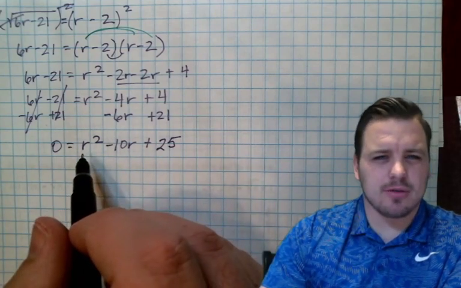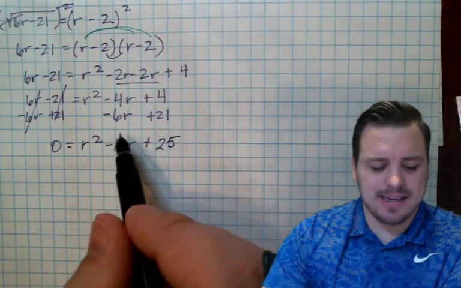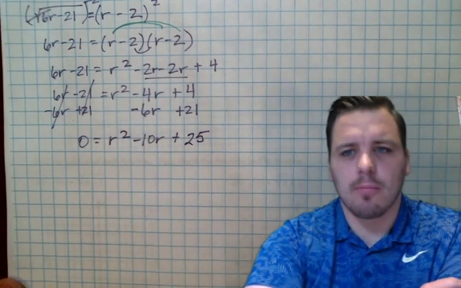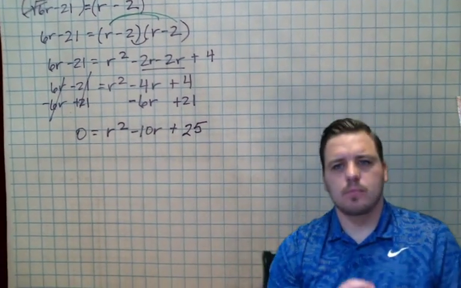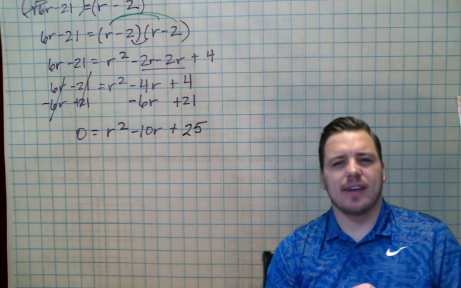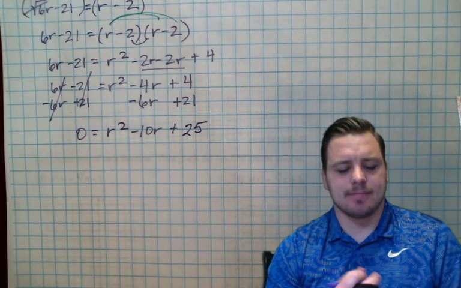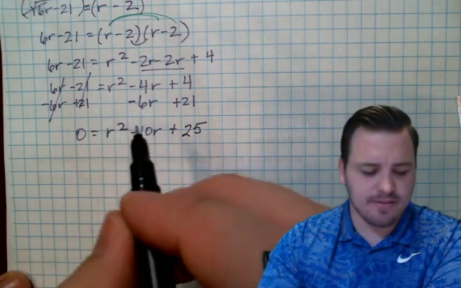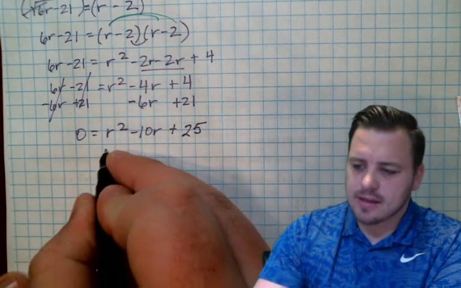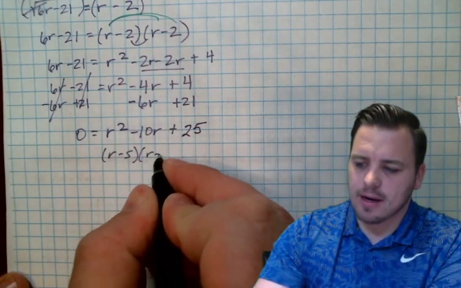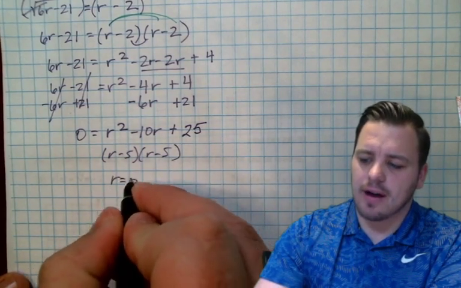Someone type in the chat box, what will multiply to be 25 but add to be negative 10? What will multiply to be 25 but add to be negative 10? Very good, Caitlin. Negative 5 and negative 5. So r minus 5, r minus 5. So we know r to be 5.